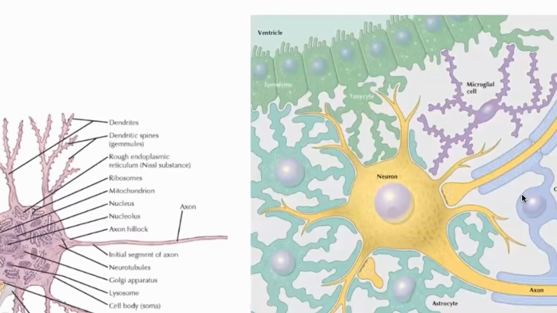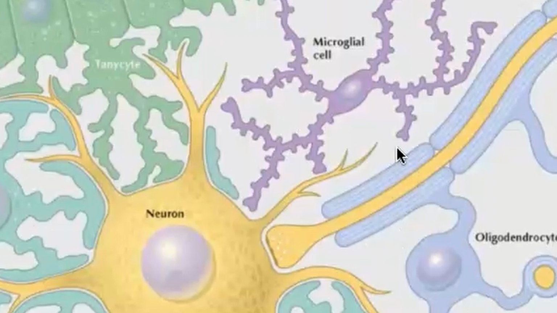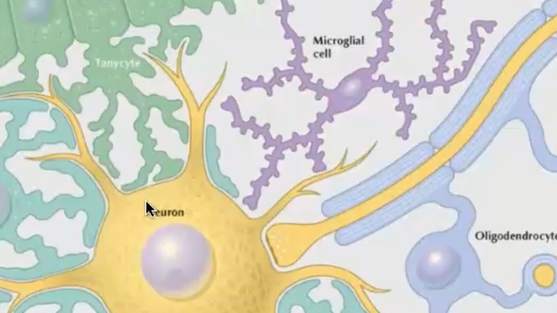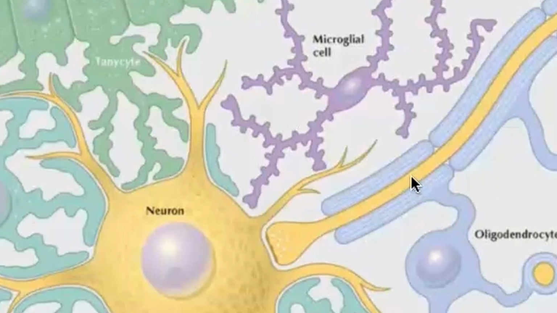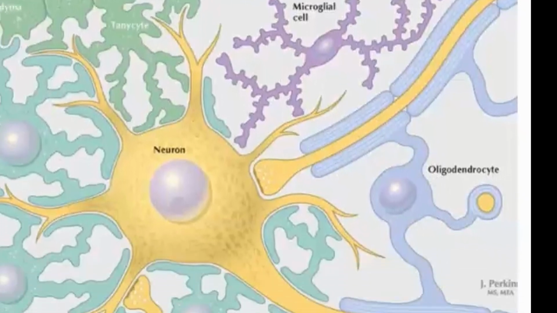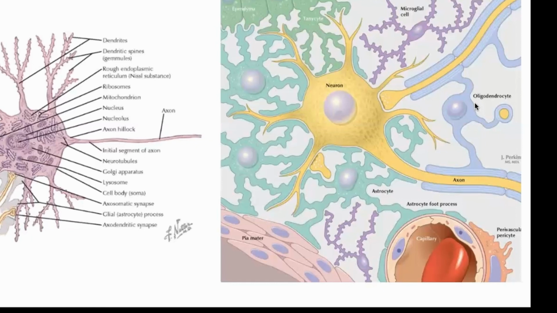There's also the oligodendrocytes, and remember that the oligodendrocytes are there to myelinate the axons, and as you can see, it's myelinating an axon. But what this is also showing is that the oligodendrocytes can myelinate more than one axon. One cell can myelinate two different nerve cells or neuronal cells.